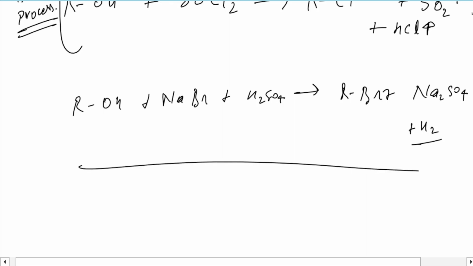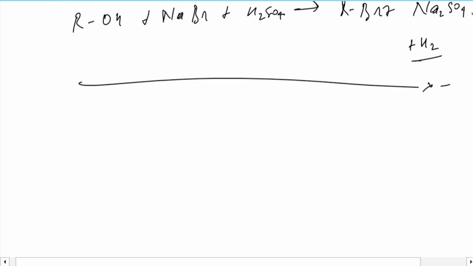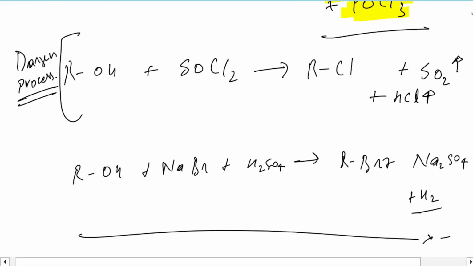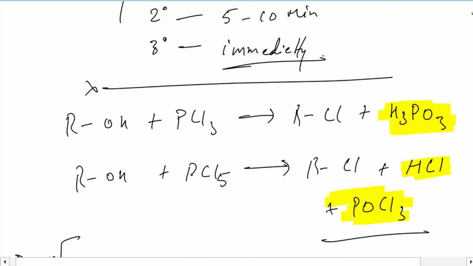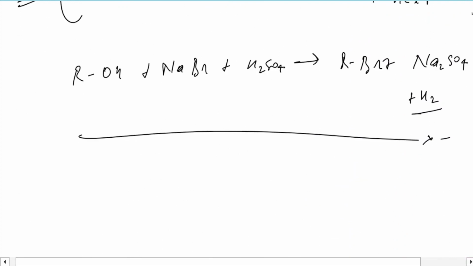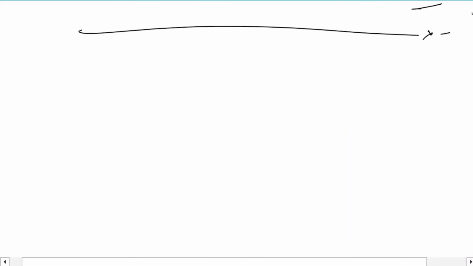So that's all about the different chemical reactions giving rise to haloalkanes from alcohols. This we have studied also in the preparation of haloalkanes.